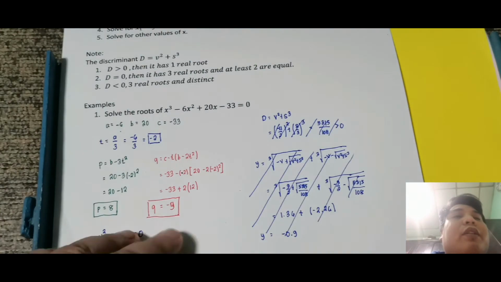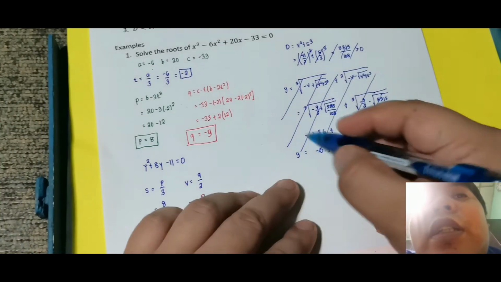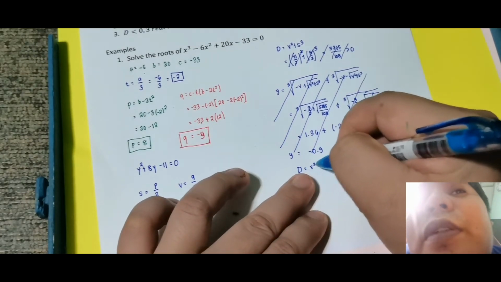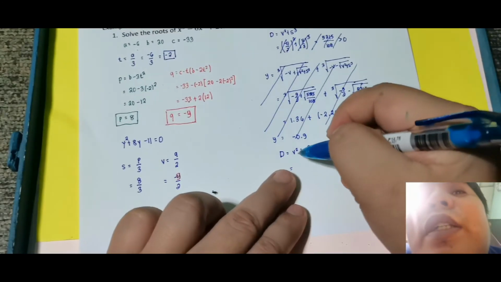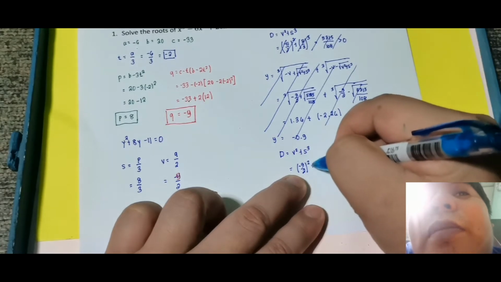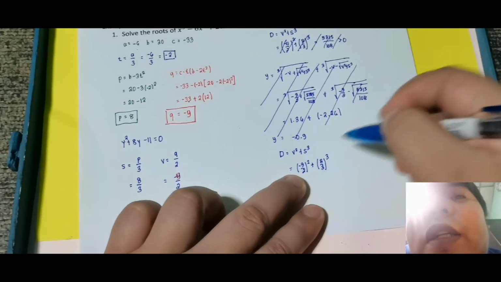Okay, so ang goal kasi natin ay mahanap natin yung sagot na 3. Okay, so solve ko muna yung d, the discriminant d. D is equal to b squared plus s cubed, and that is equal sa b is negative 9 over 2 squared plus 8 over 3 raised sa 3.